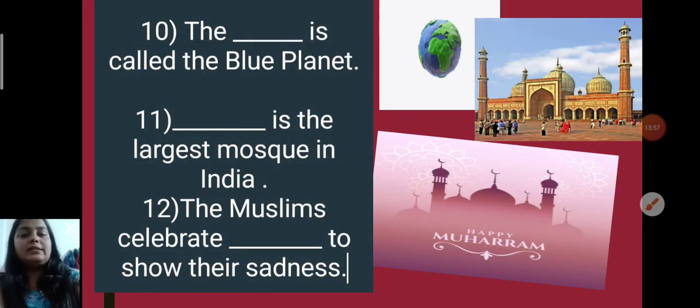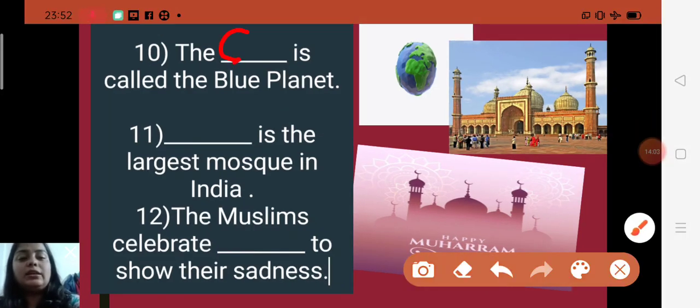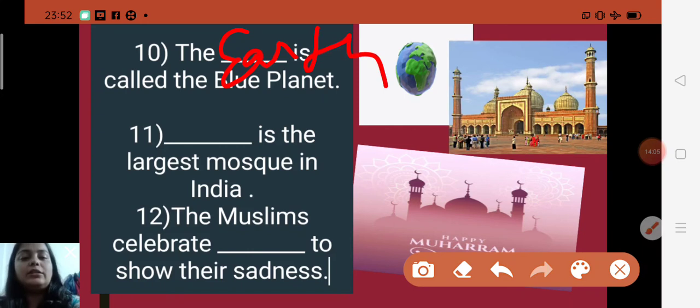Okay, children. Now let's see the next one. The dash is called the blue planet, and I have already said, yes, the earth. The earth is called the blue planet. Why? Because one third of the area of earth is surrounded by water. That's why it is called the blue planet.